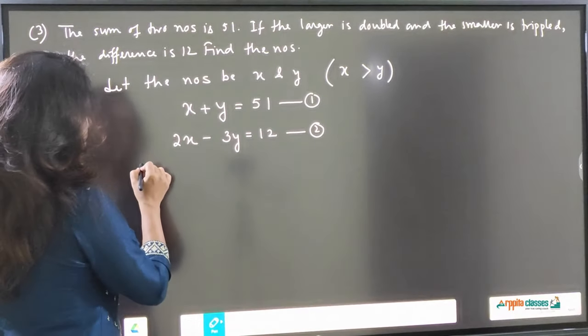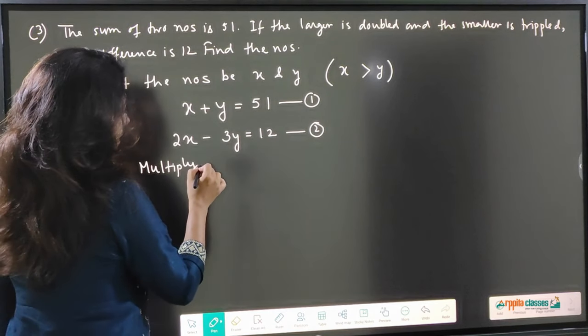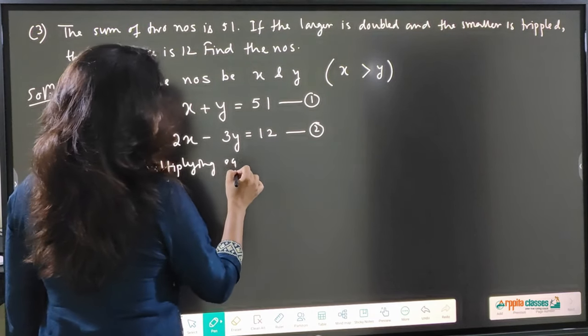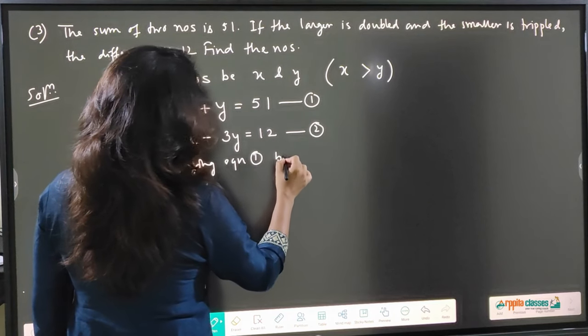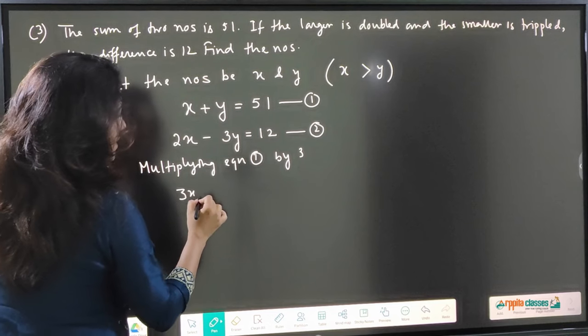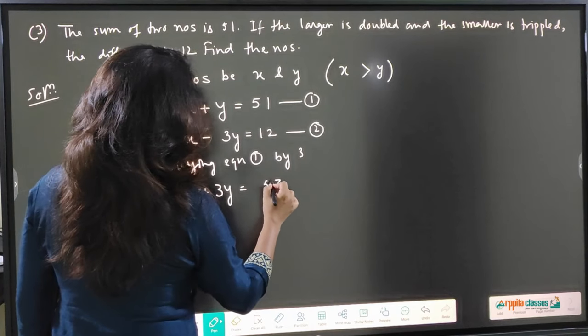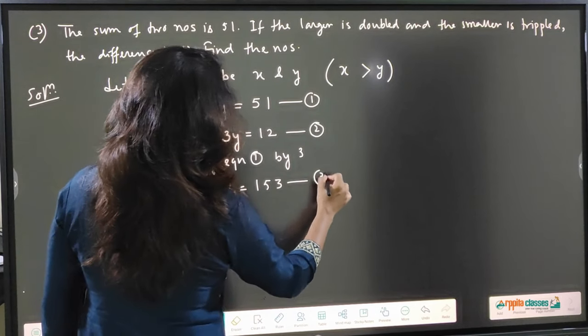So we can write down, multiplying equation 1 by 3. So this becomes 3x plus 3y is equal to 153. This is my equation 3.